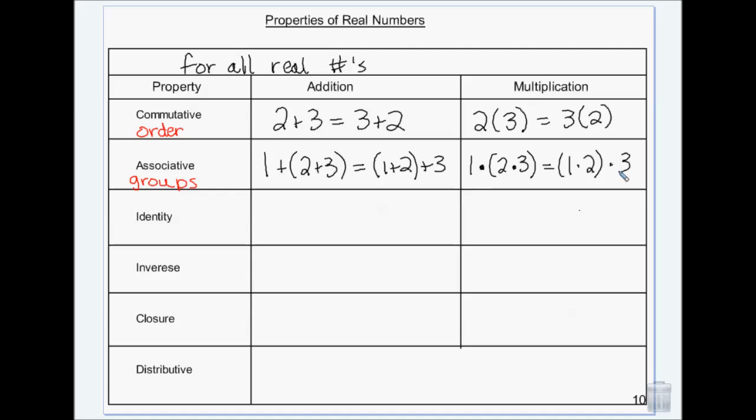Your identity is who you are. So the identity property does not change the identity of the number. So we're going to say no change.